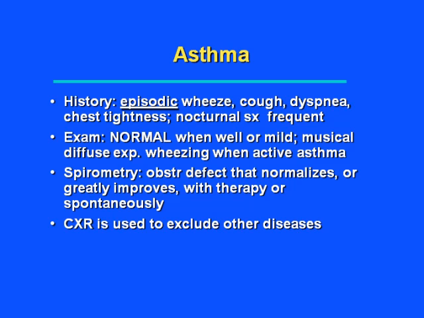So the asthma patient is characterized by changes in the airways in terms of airway narrowing, smooth muscle contraction, edema of the airways, and mucus plugging of the airways, and these changes can come and go spontaneously or with triggers or with treatment.